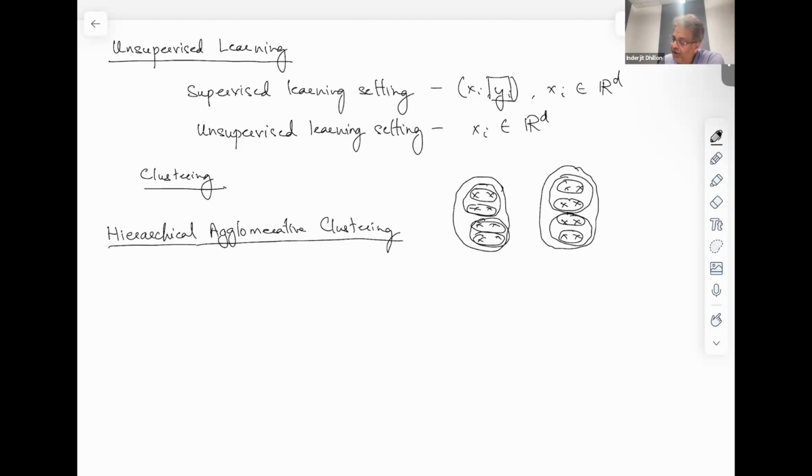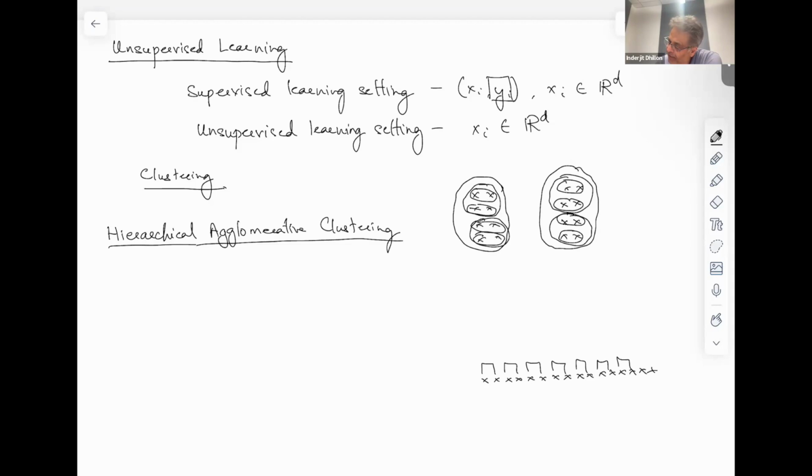Many times you can arrange these points so that if I put these points over here, I can build a tree out of it. If I follow the sequence of merges I had done before, first I merge these two, then these two, then these two.